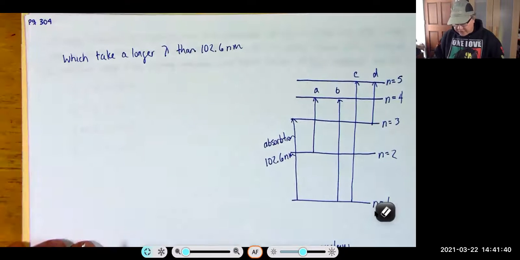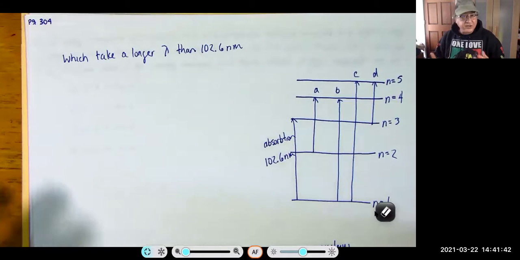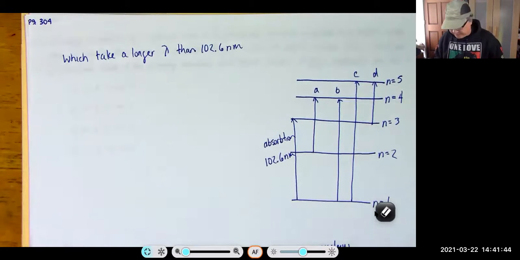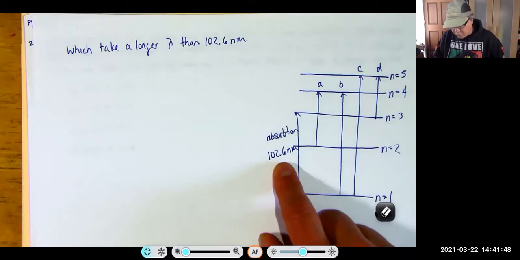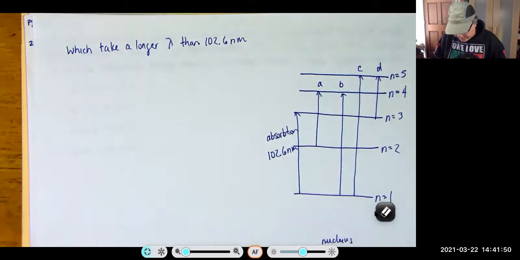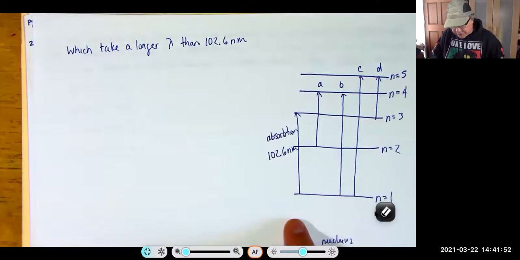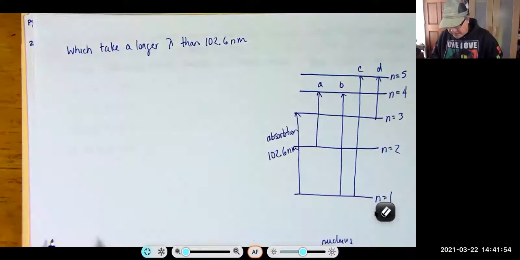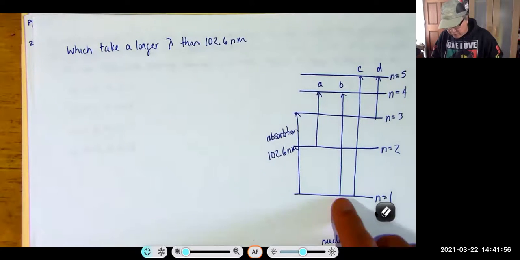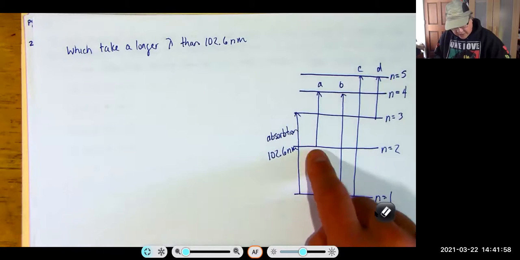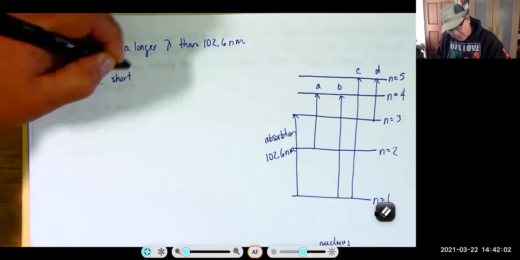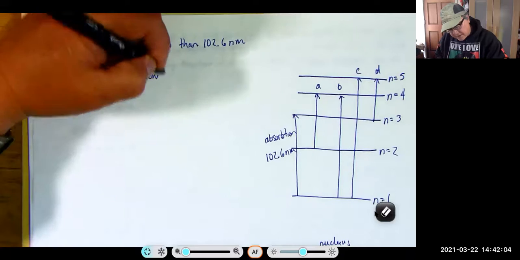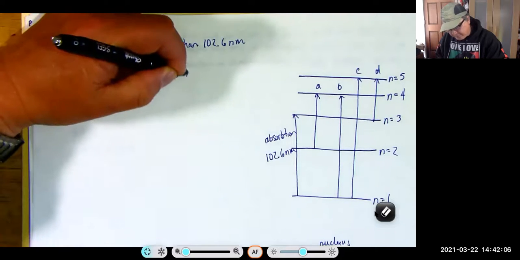Okay, so let's take a look at these and let's judge them based on energy. So here, this takes a certain amount of energy. Which ones take more energy than this one? Well, we just judge it by the length of the arrow. I think it's clear to see that when we go for A, it's a shorter arrow, less energy.